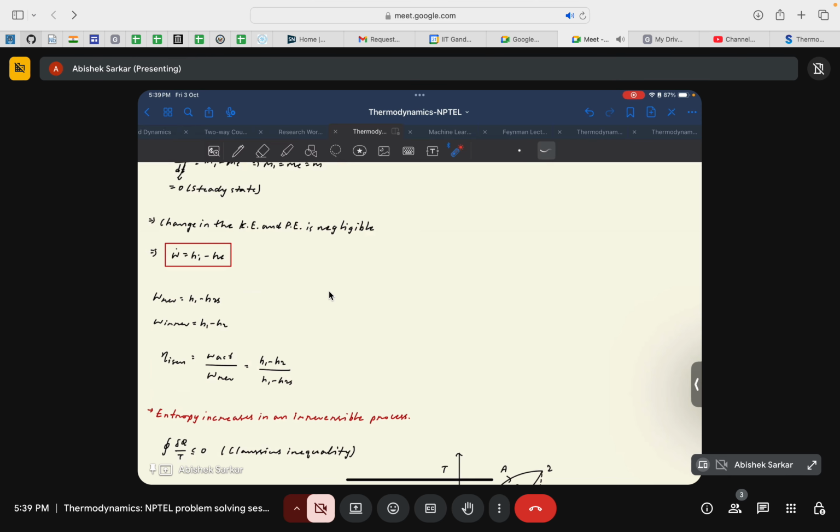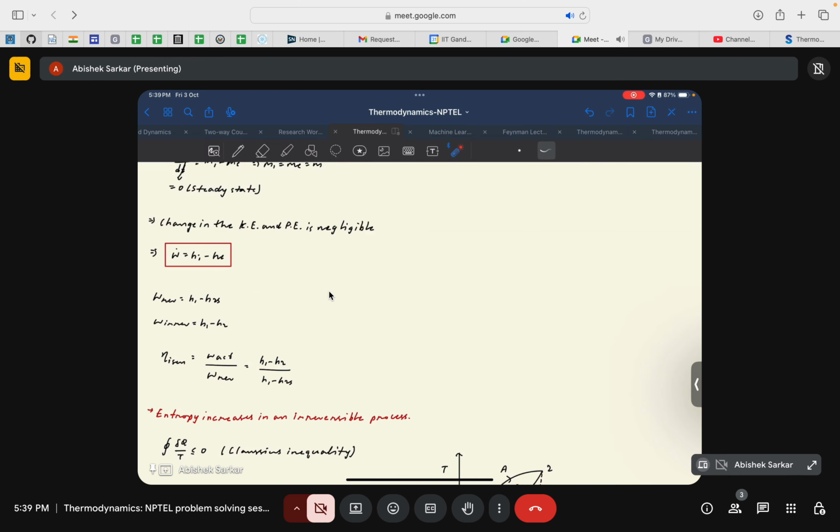But it's not always the case that the isentropic efficiency is defined like this. We'll see in the case of a compressor, or these work-consuming devices, this ratio is reversed. Why, we'll see again.